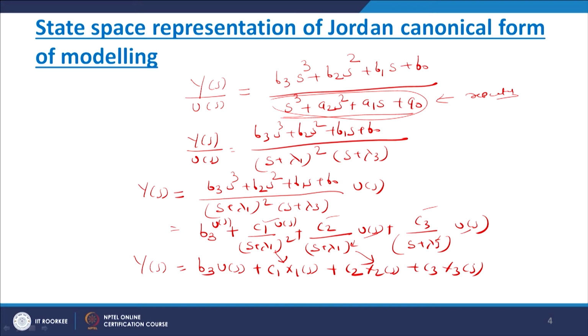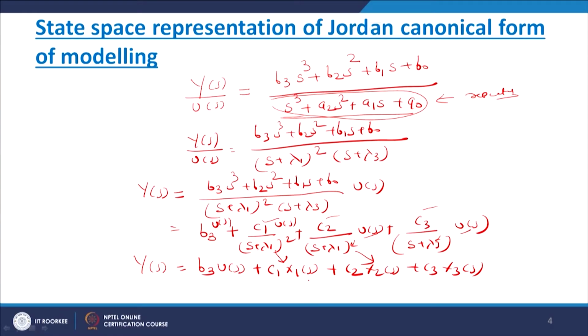Now, we require a state space model, and that state space model is to be in the time domain. That means for these equations we have to apply the inverse Laplace transform. So in order to get the model, we will consider each element, that is X1(s), X2(s) and X3(s), separately. So now we write X1(s) equal to U(s) divided by (s plus lambda 1) square.